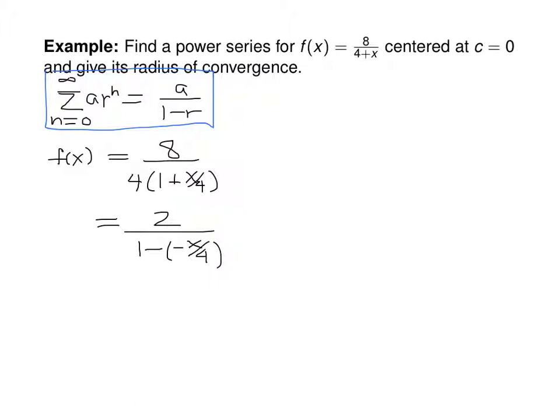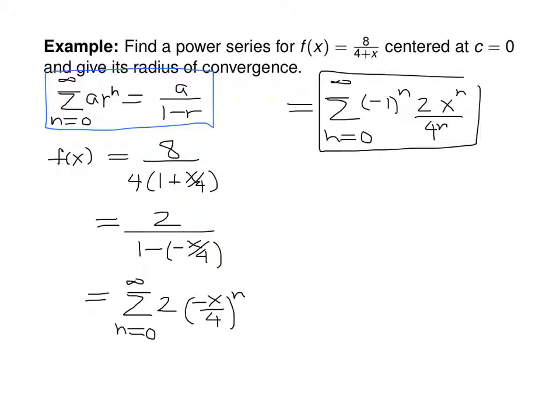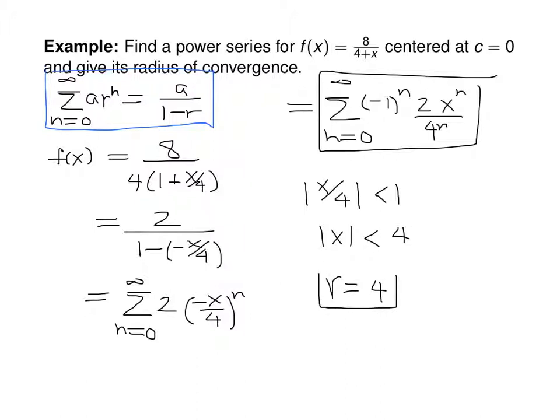And then I input 2 for a and negative x over 4 for r, and I have the sum from 0 to infinity of 2 times (negative x over 4) to the n, which is the same thing as the sum from 0 to infinity of (-1)^n 2x to the n over 4 to the n, which you can actually simplify some more, but for now this is good enough. And for its radius of convergence, we will have convergence if the absolute value of x over 4 is less than 1, which implies the absolute value of x is less than 4, and the radius of convergence is 4.